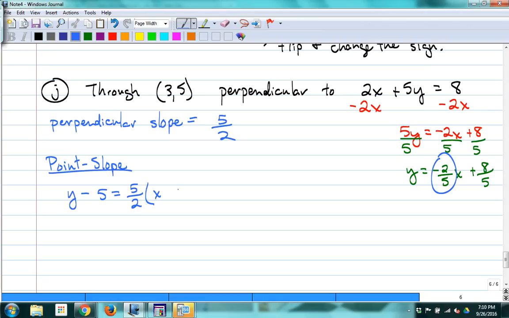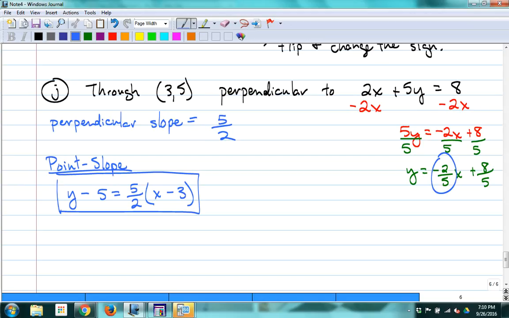You tell me. Right. This is going to be the original slope flipped, sign changed. Then it's always minus signs here. If one of those is negative, then the double negatives make it pluses. So neither of those is a negative number. So that's point slope form. Nothing to simplify.